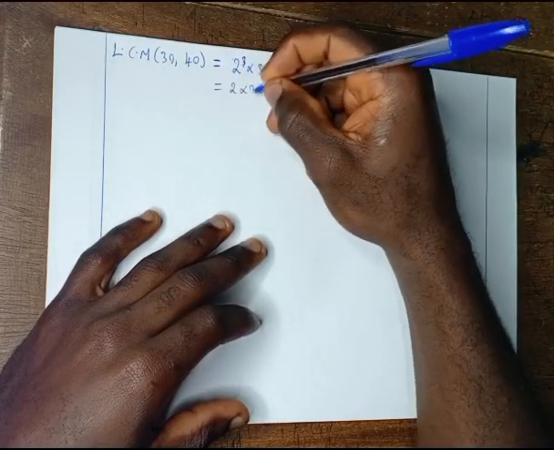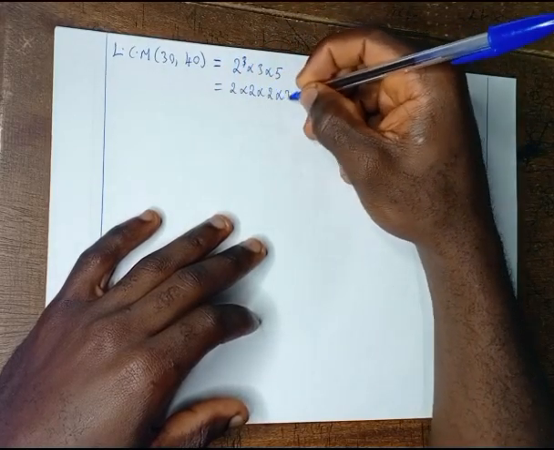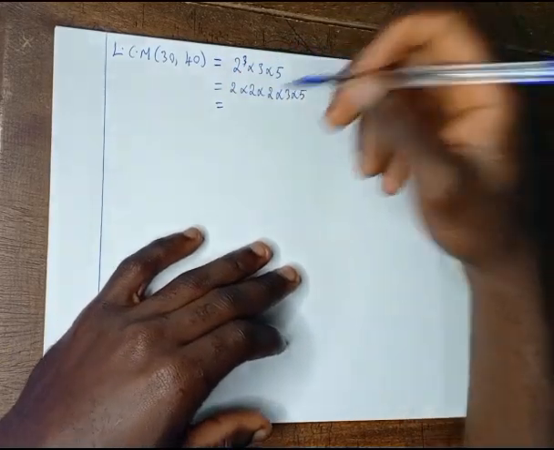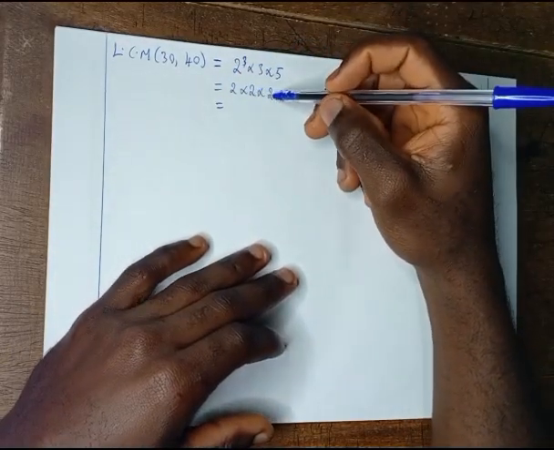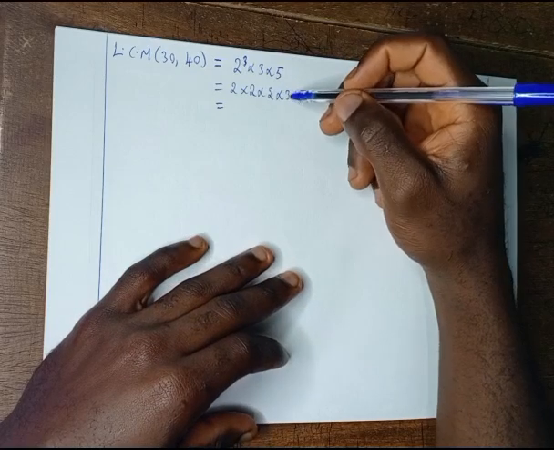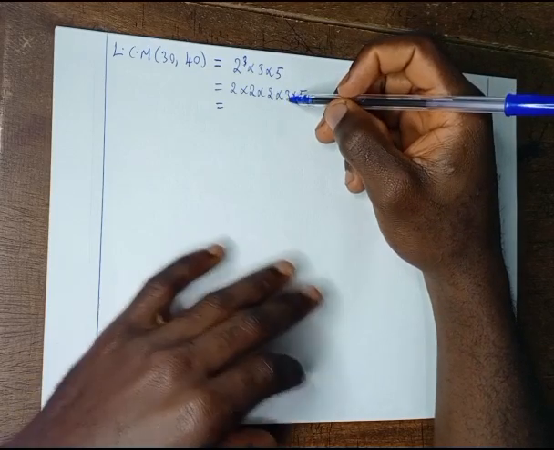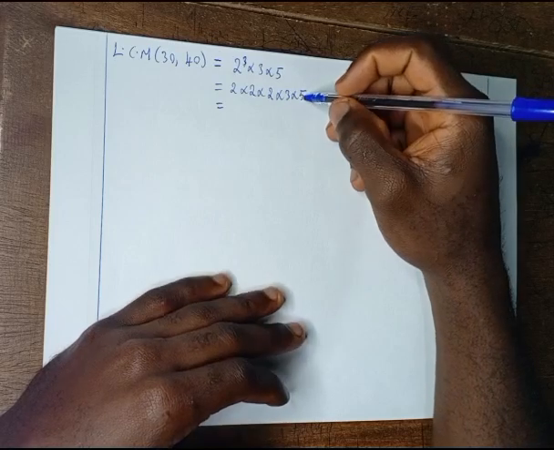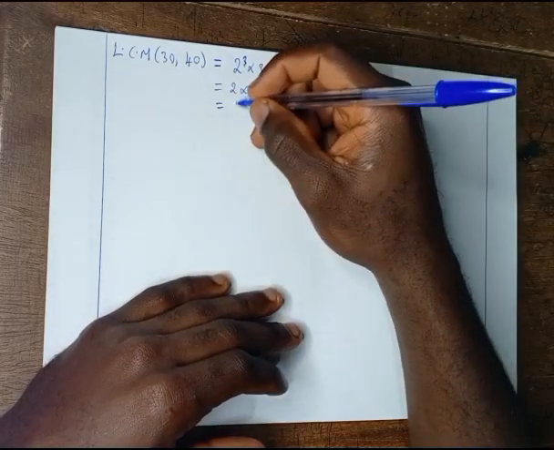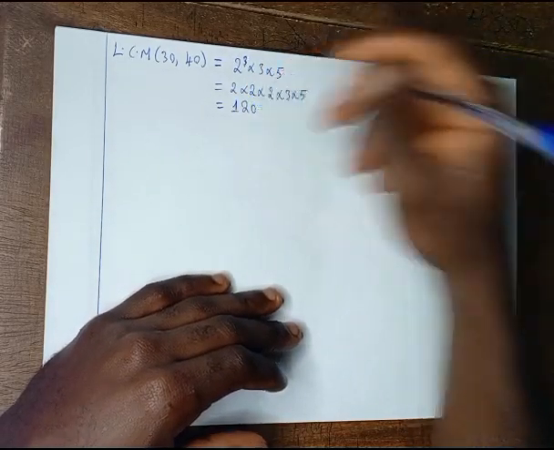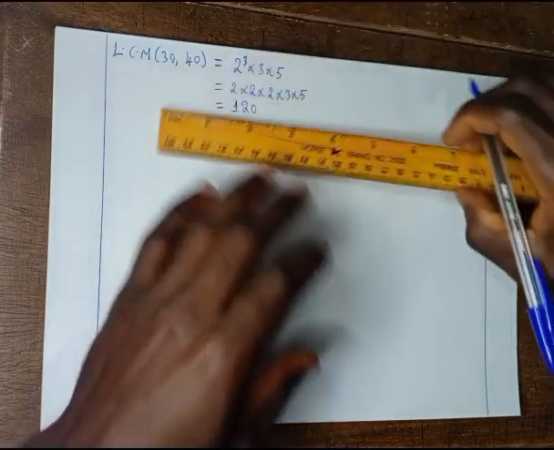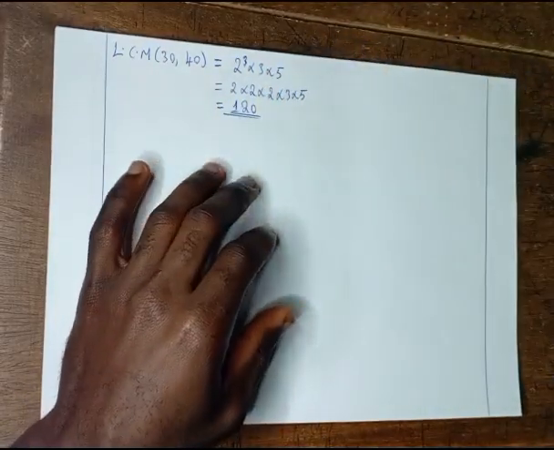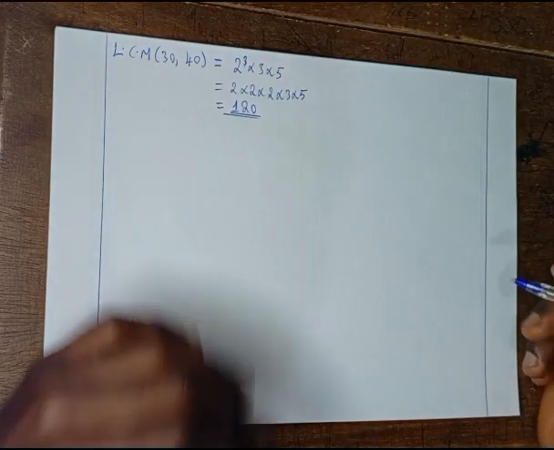This equals 2 times 2 times 2 times 3 times 5. 2 times 2 gives us 4, 4 times 2 gives us 8, 8 times 3 gives us 24, 24 times 5 gives us 120. That means 120 is the LCM of 30 and 40.